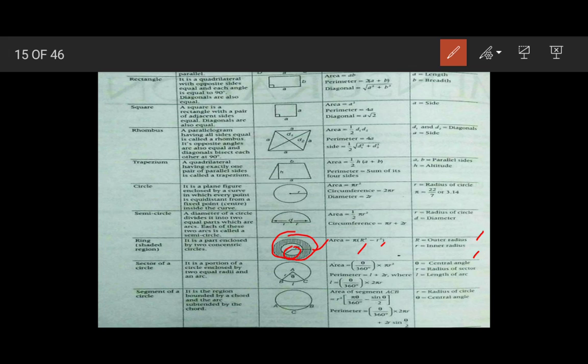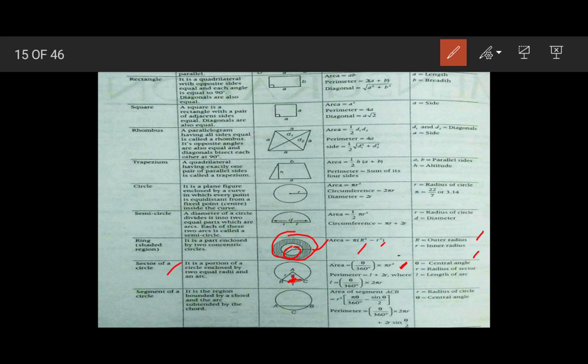Then sector of a circle. It is a portion of a circle enclosed by two equal radii and an arc. Okay, so this portion is a sector of a circle. Okay, so area for sector is theta upon 360 degree into pi r square.